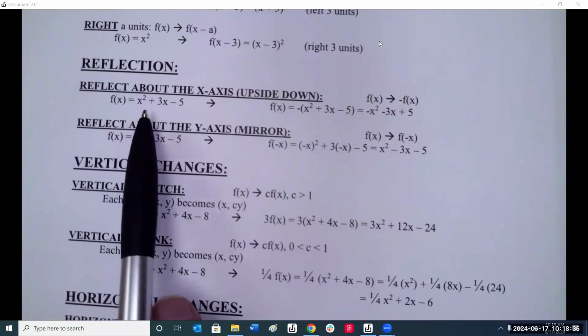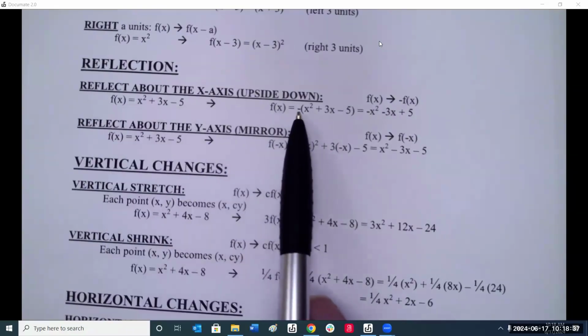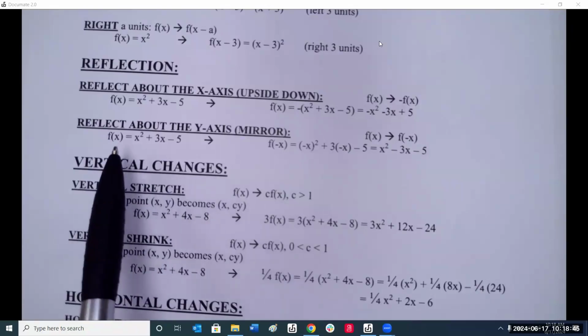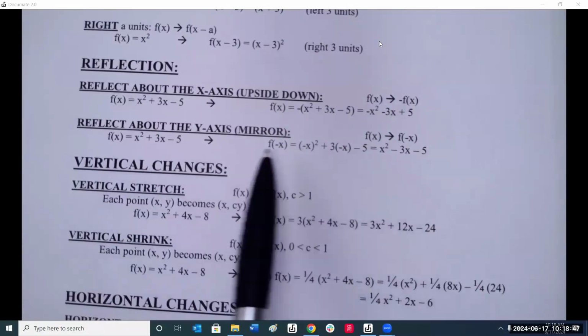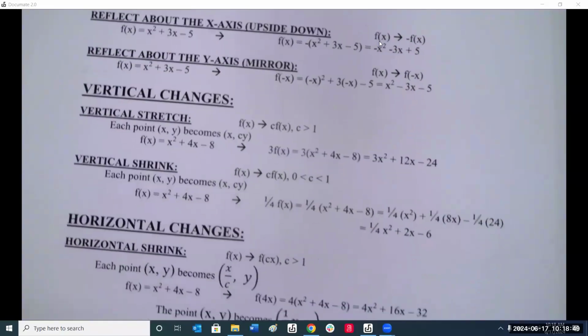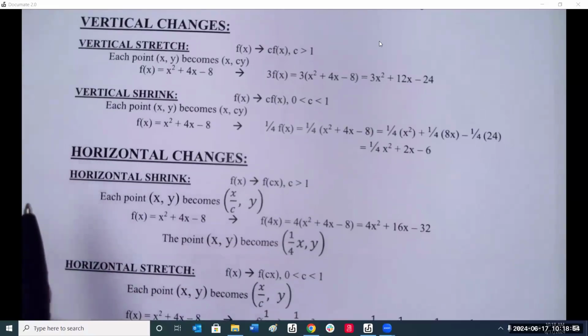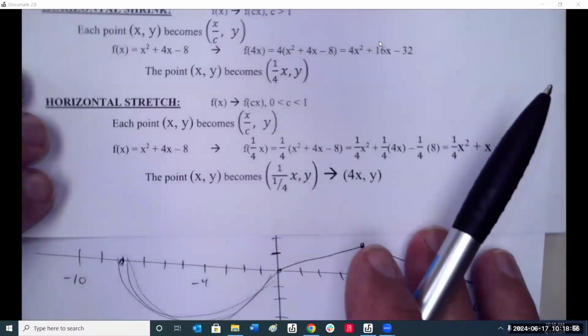Reflections, if I change the function from positive to negative, then it flips across the x-axis. It goes up and down. If I just change the x values, I flip across the y-axis. And horizontally, it's just the opposite.